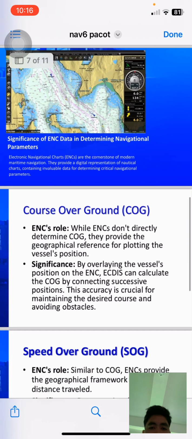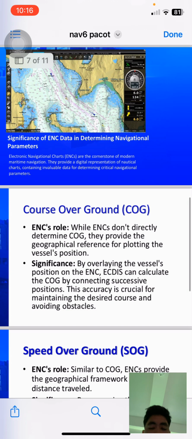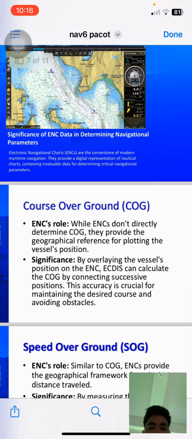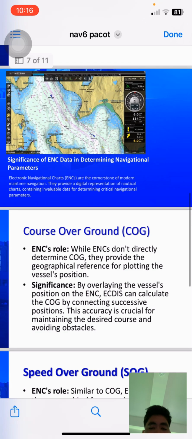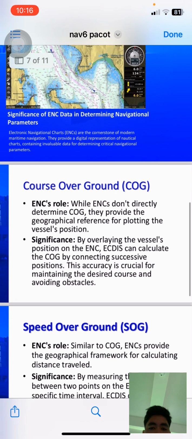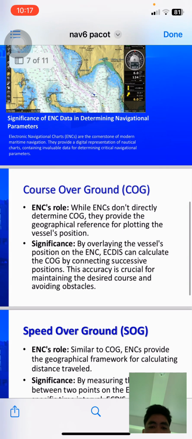Now we discuss how we explain the course over ground applied to ECDIS. The ENC role: ENC or electronic navigational charts do not directly determine COG.